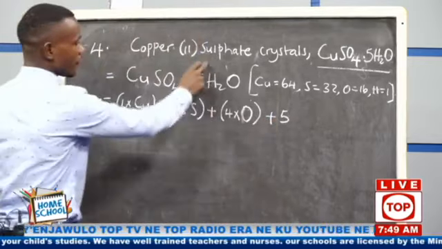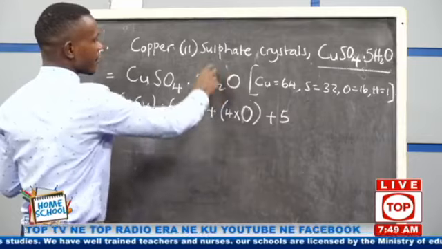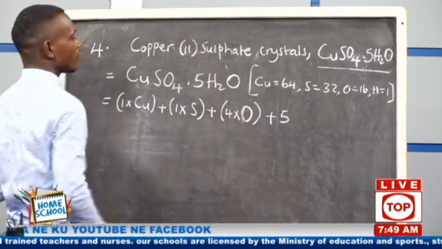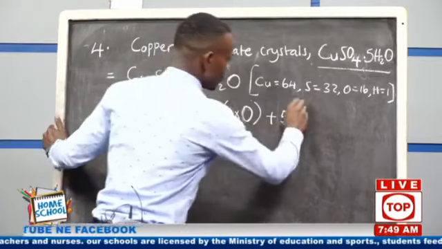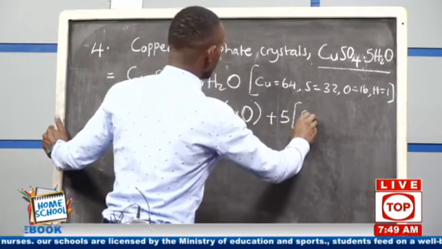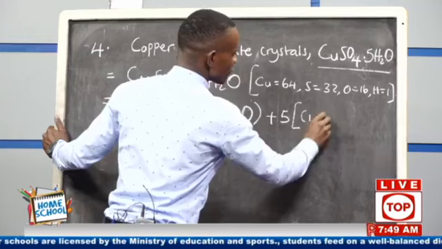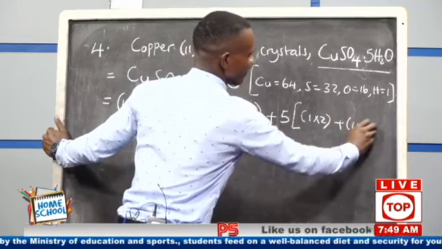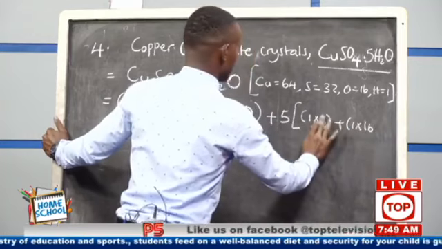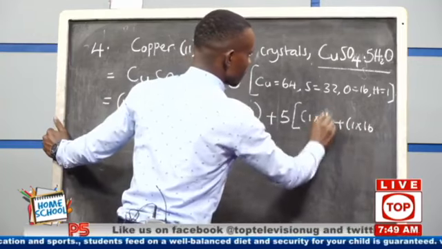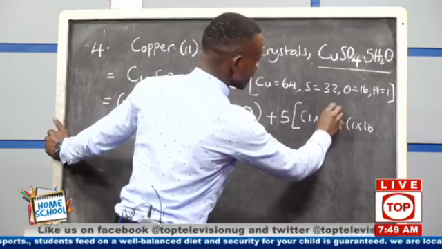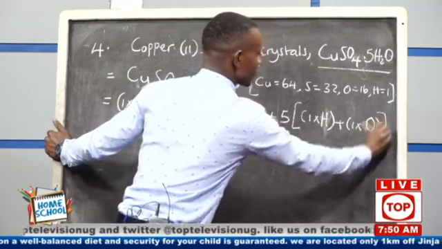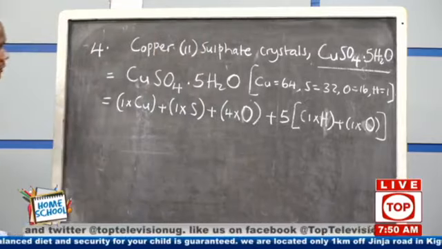This 5 affects everything in the bracket, that means there are 5 molecules of water. So you put a big bracket and say within there, 1 times 2 plus 1 times 16. We are still following the formula, the symbols, oxygen. The next step we shall put in the numbers.